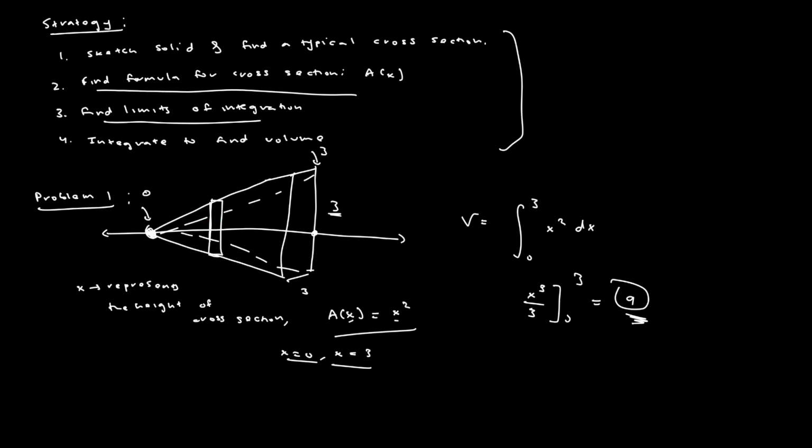Let's go to another class of problems that are determined with circular cross sections. Often a solid is formed by revolving a region around the x-axis, and hopefully what I mean by that is clear through this example.